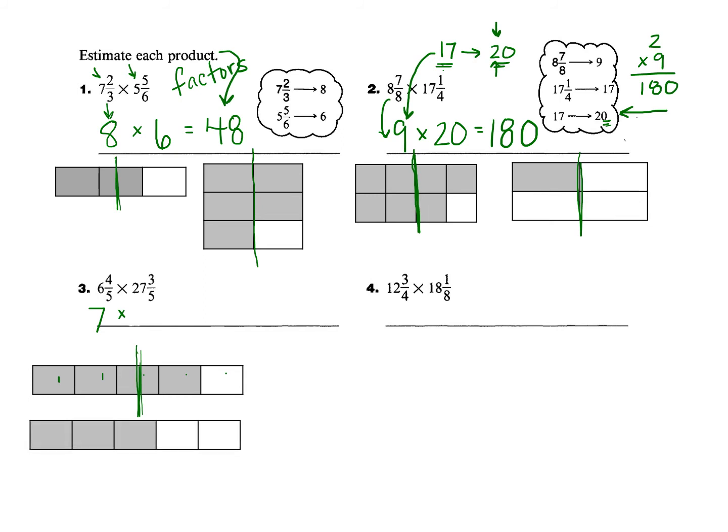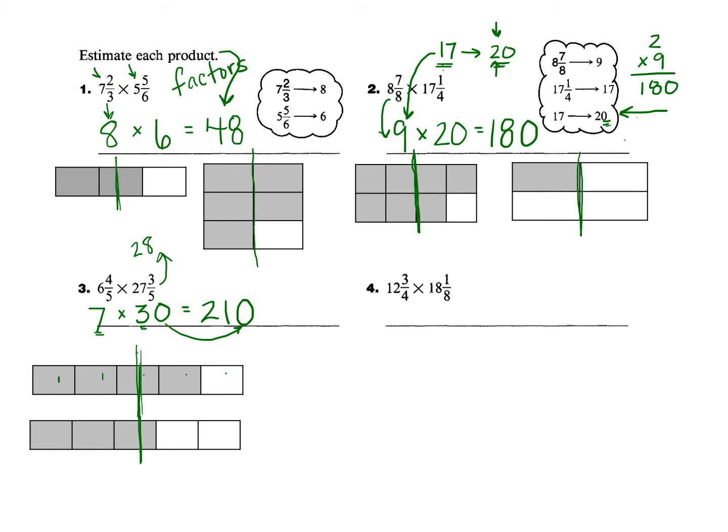Now, 3/5 is here, and this is half again. So this would round up to 28. But 28 and 7 really aren't compatible numbers, so I'm going to make this a 30. And in my head, I'm going to do 7 times 3 is 21, and then bring over the 0. So the answer is 210.